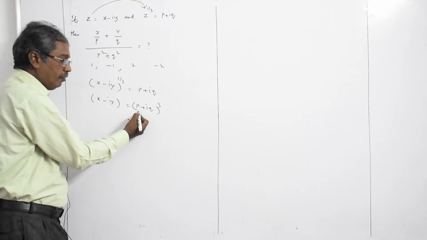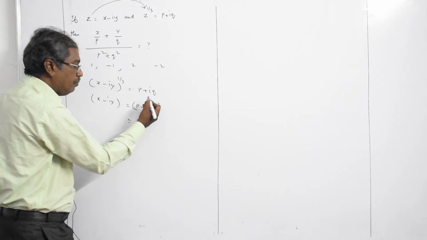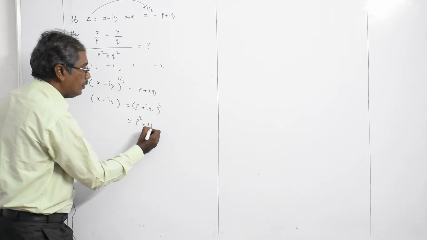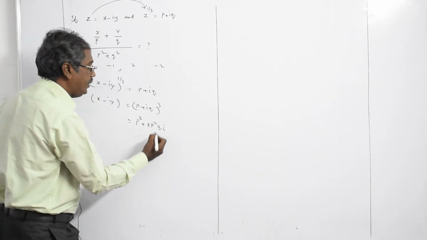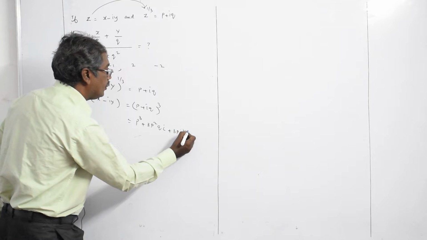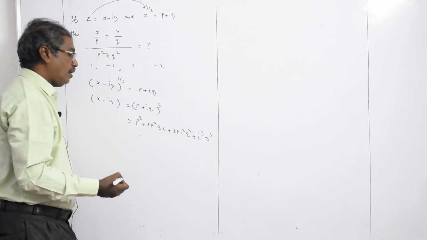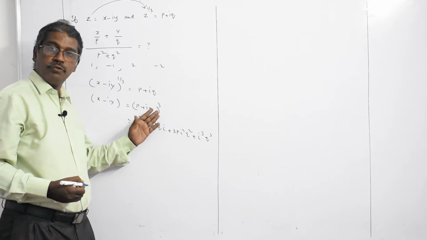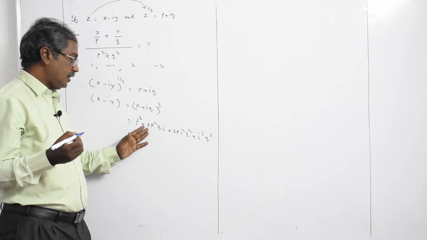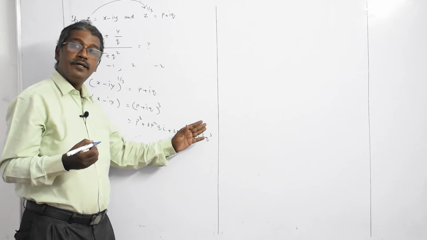Now using the formula of a plus b whole cube, this will become p cube plus 3 p square qi plus 3 p i square q square plus i cube q cube. The formula for a plus b whole cube is nothing but a cube plus 3a square b plus 3ab square plus b cube.